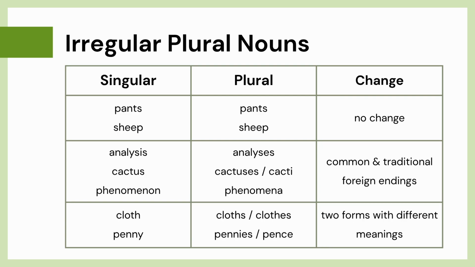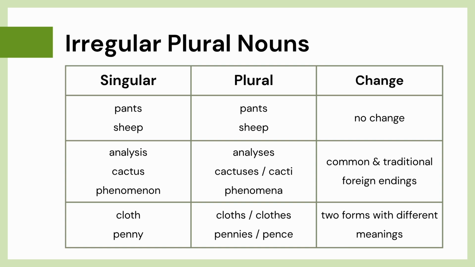There are other nouns that are usually plural only. We have scissors, pants, jeans, trousers, and some may stay the same. Deer, sheep, information, furniture, and so on.